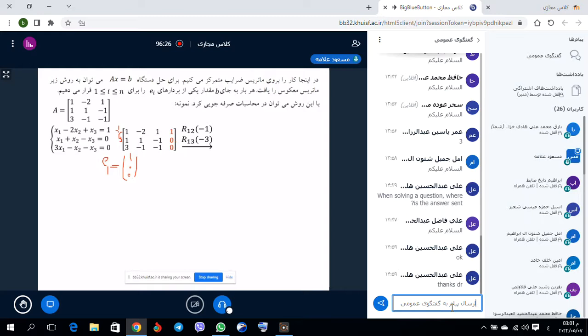Again, multiply this one by minus 3 and add to this one. We do R2 minus R1, R3 minus 3R1. We find this one. These are 0. But I note minus 1, minus 3 to use them again.